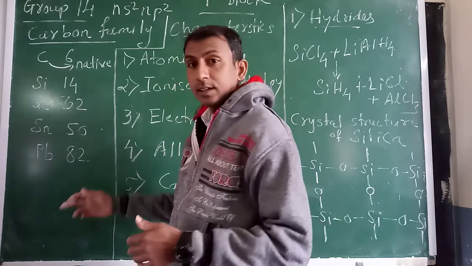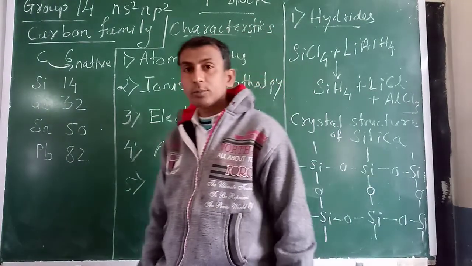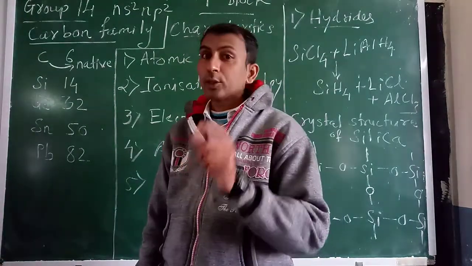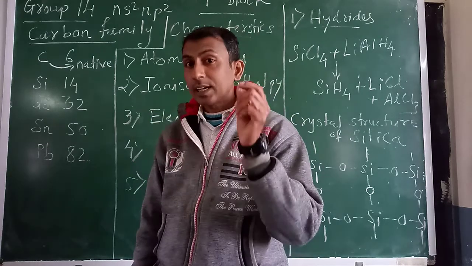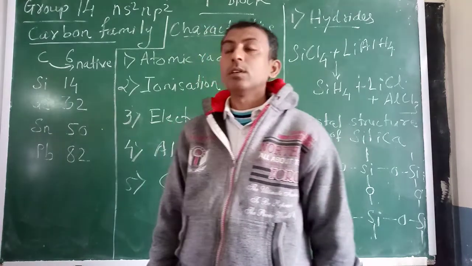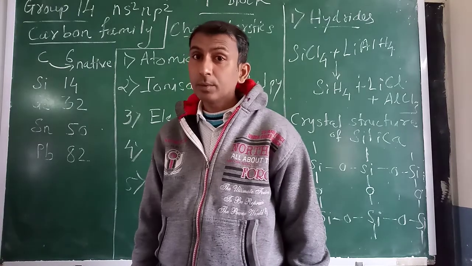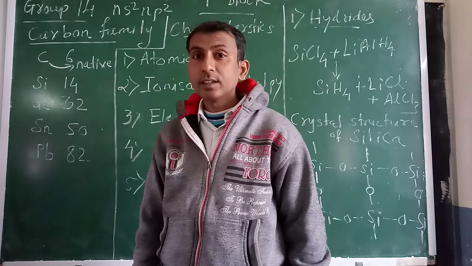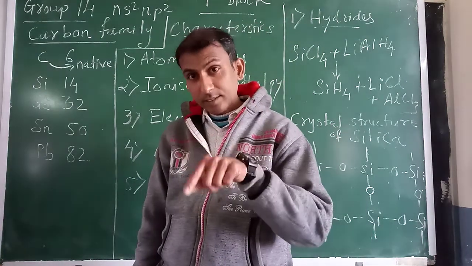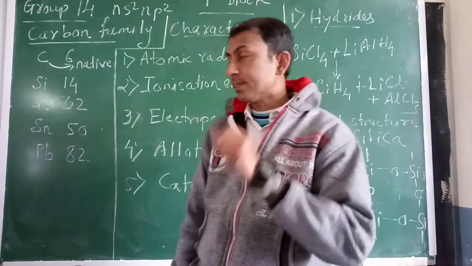But if we compare group 14 with group 13 elements, the atomic radius of group 14 will be slightly smaller, because nuclear charge is increasing and electrons are added in the same shell, so atomic size slightly decreases.